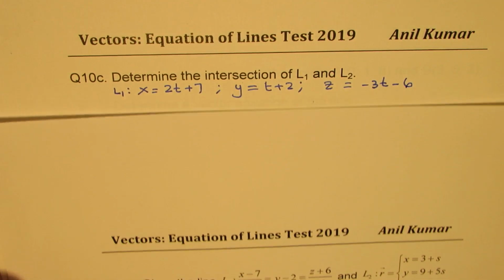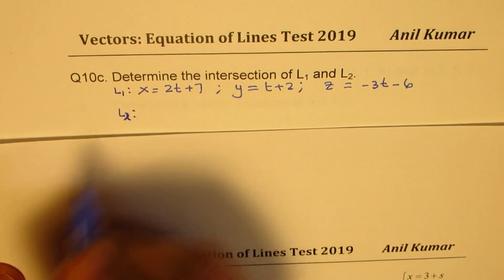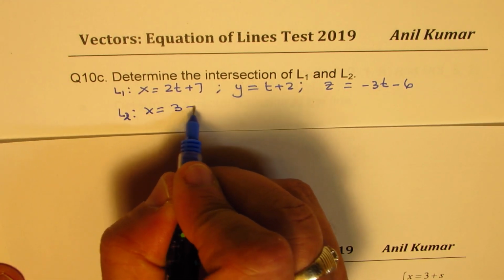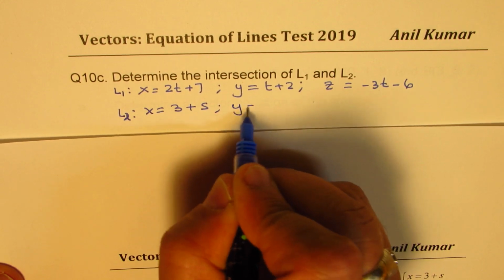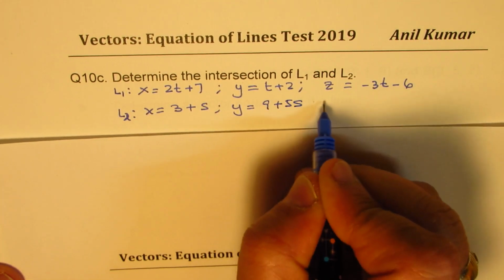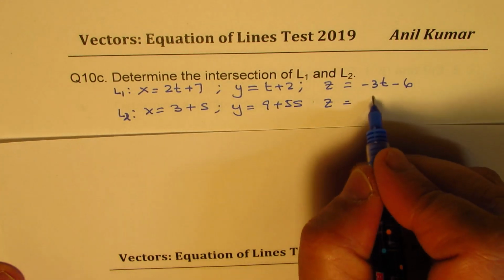For the other equation, the values are already given to us. So line 2: x equals 3 plus s, y equals 9 plus 5s, and z equals 13 plus 5s.